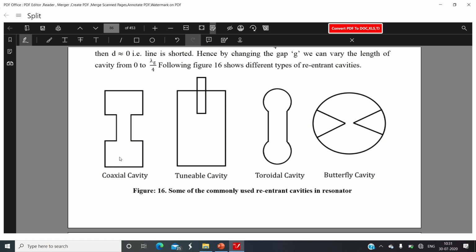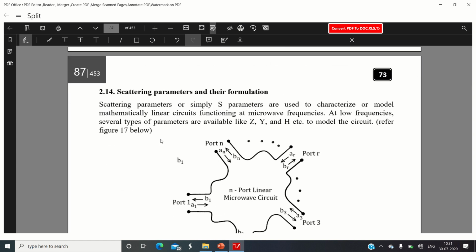The meaning of re-entrant is that the cavities are designed such that when the signal enters into this cavity, it will bounce back and forth inside this particular cavity, and it will set up the resonance operation with which the maximum energy can be extracted from the given source, and it will be imparted to the cavity resonator. Okay, so we go ahead.